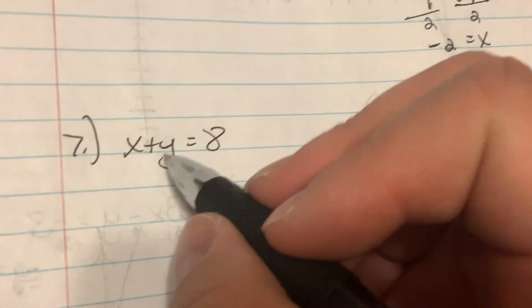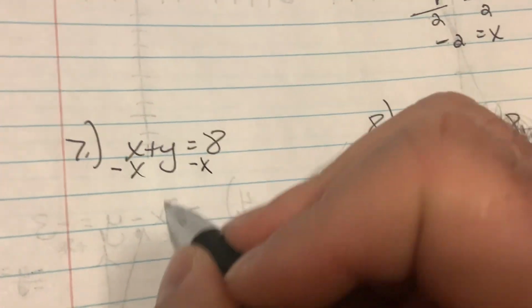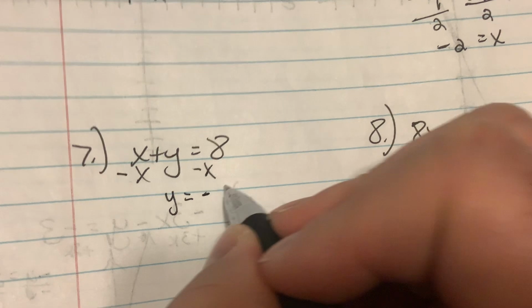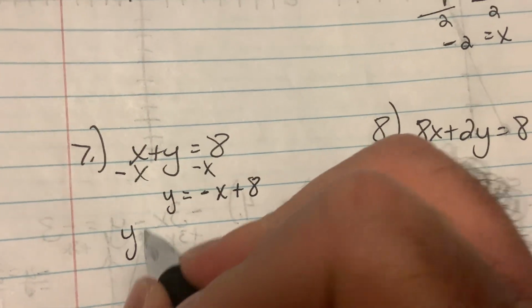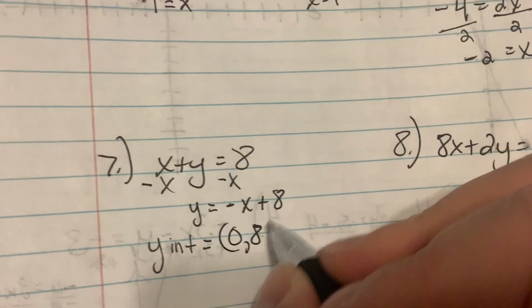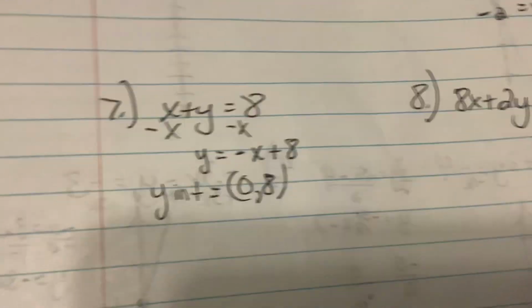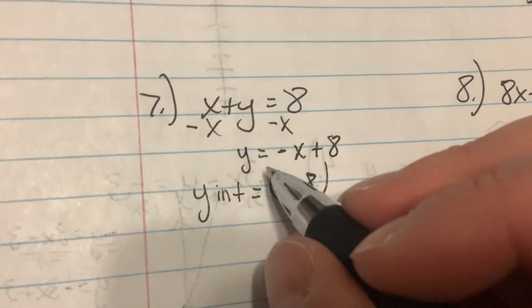Let's do this one. This one's so small it's kind of hard, but you need to move the x over here. It cuts in line. And so now you know your y-intercept is 8. And now I'm going to solve for x.